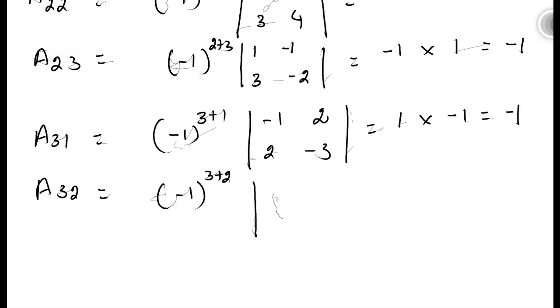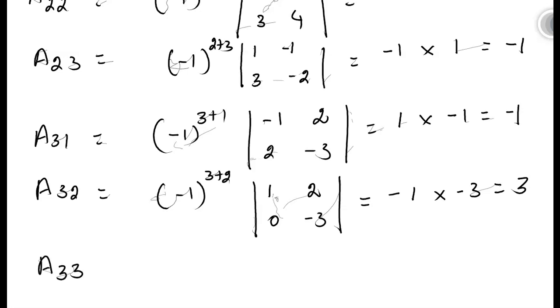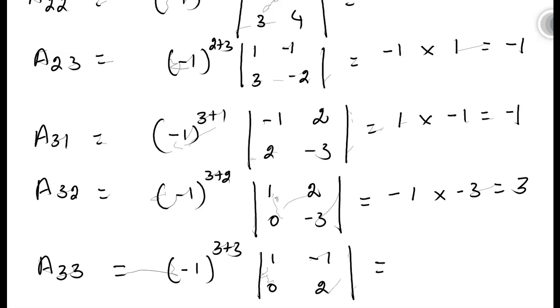Leaving the third row and the second column, you will have 1, 2, 0, minus 3, which is equal to minus 1 into minus 3 minus 0 will give you minus 3, which is equal to 3 now. And finally, A33 is equal to minus 1 to the power of 3 plus 3. Leaving the third row and the third column, we'll have 1, minus 1, 0, 2, which is nothing but 1 into 2, which is equal to 2.